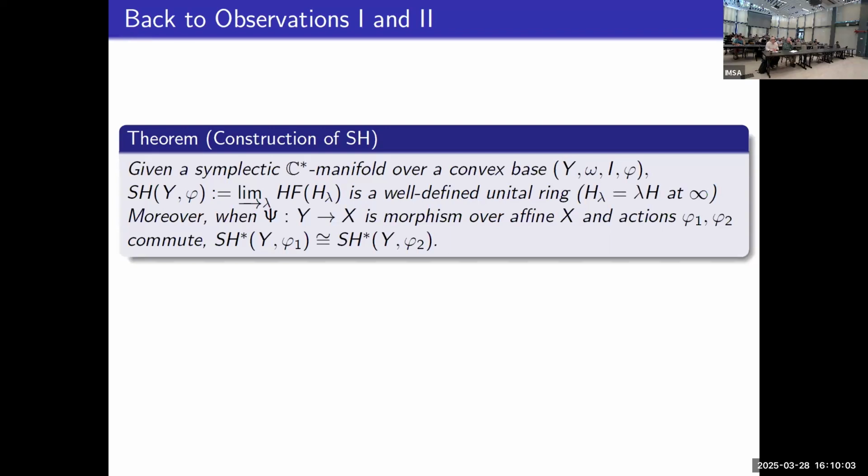For toric varieties, symplectic homology is going to recover the Jacobian ring of the superpotential. A toric variety has this moment polytope, from which we can get the superpotential. It's a Laurent polynomial, and the Jacobian ring is what you get by taking derivatives of this polynomial. So the symplectic homology we get actually recovers this Jacobian ring.